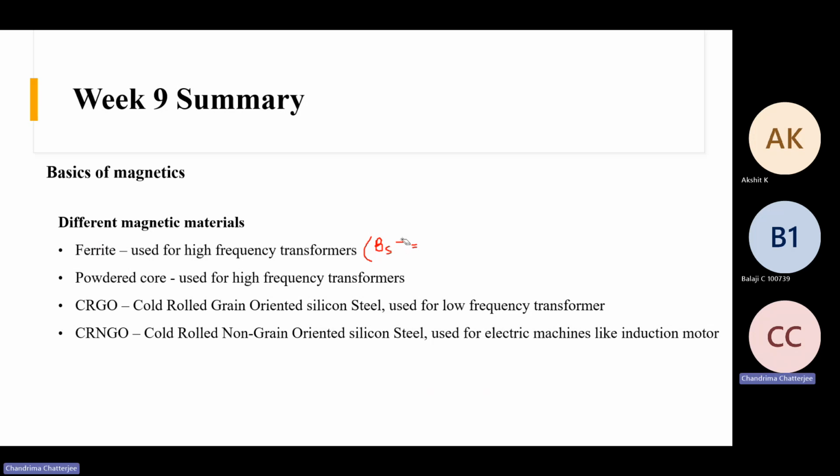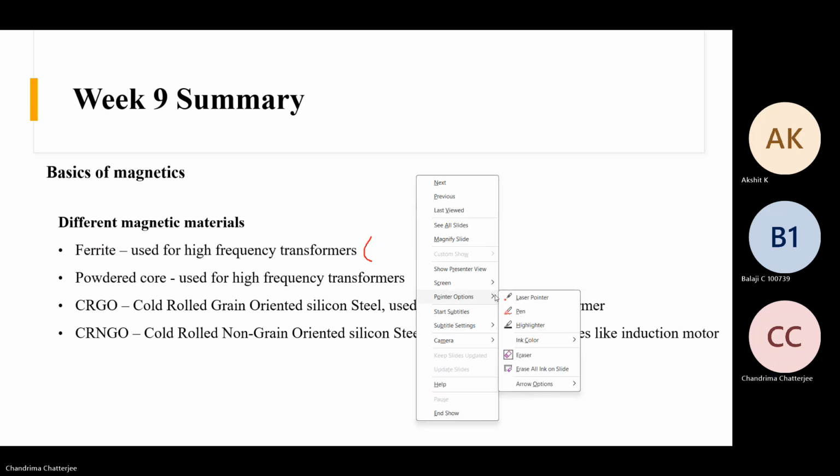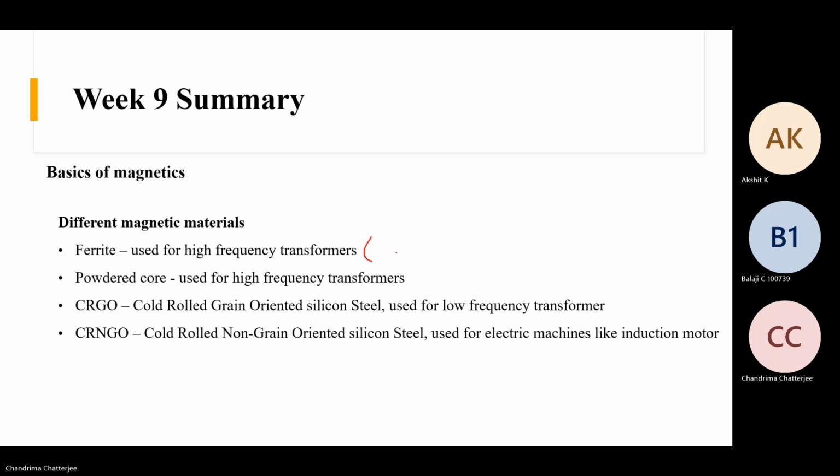Its B saturation is, I think, 0.3 Tesla like that. So usually we restrict the Bmax value while designing to 0.25 or 0.2 like that.